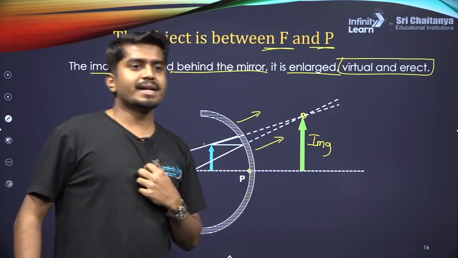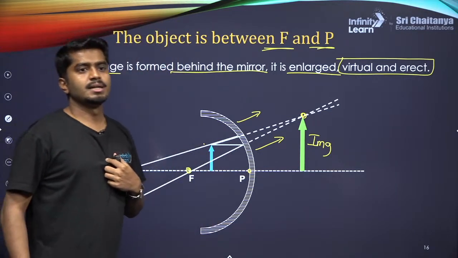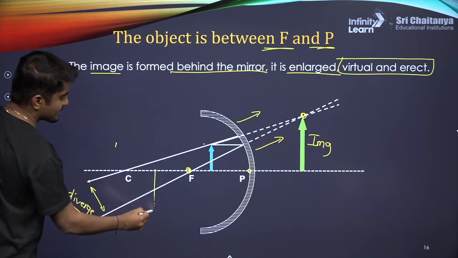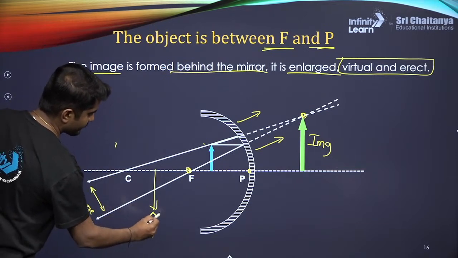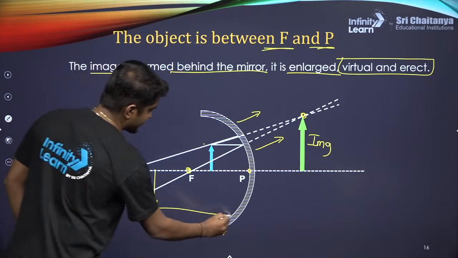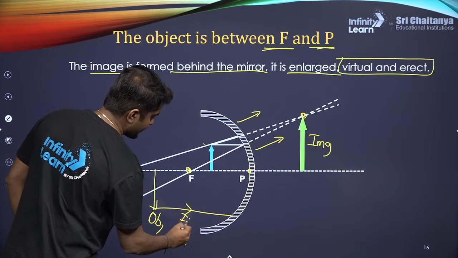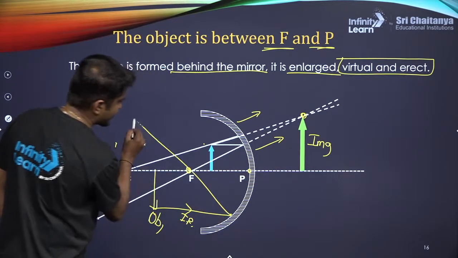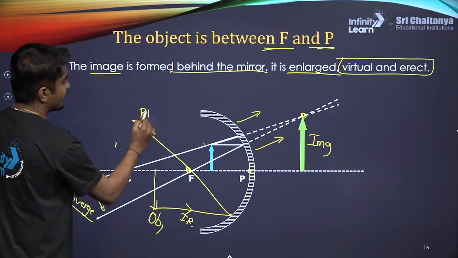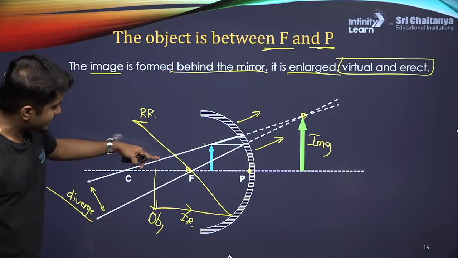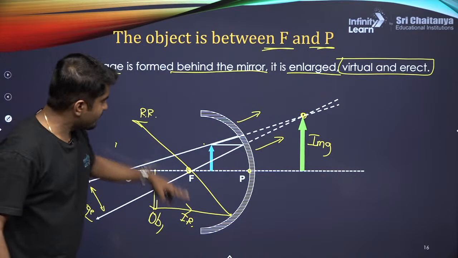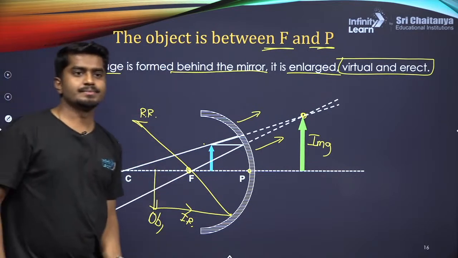Why can't they reflect upwards? What do you mean? Yeah, if you place the object something like this, this would be the incident ray, then this would be the reflected ray. If you place the object downwards, the reflected rays would be upwards, right?